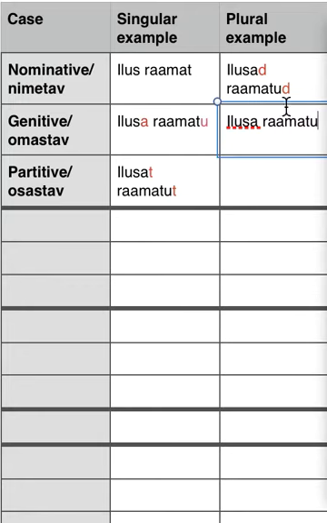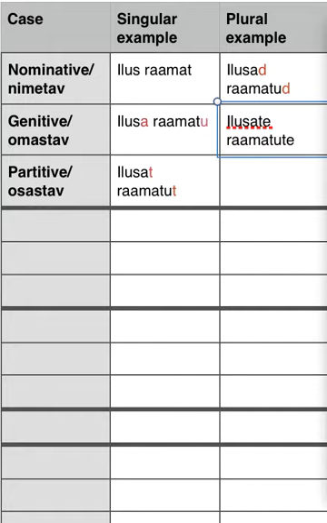We could have done the same for nominative plural, but that's okay. So, what we're going to be needing to do is add a syllable to this word to make it plural genitive. The syllable for plural genitive is te.